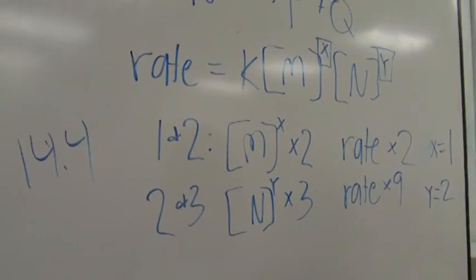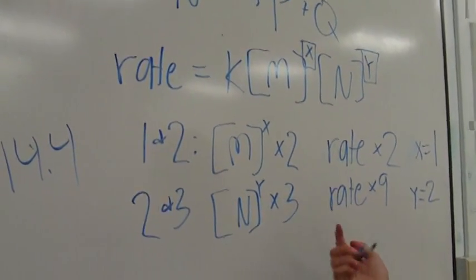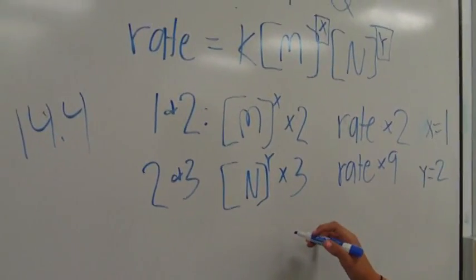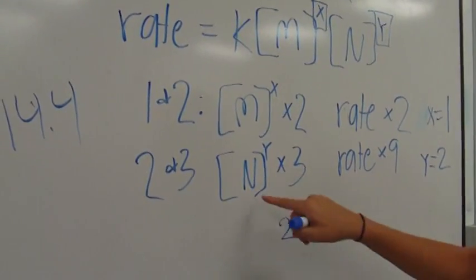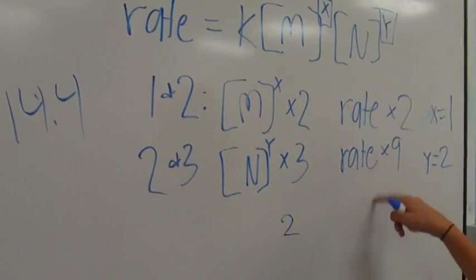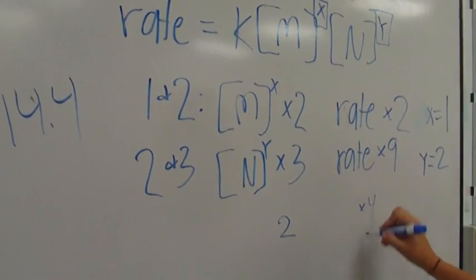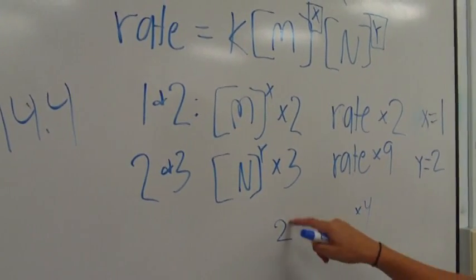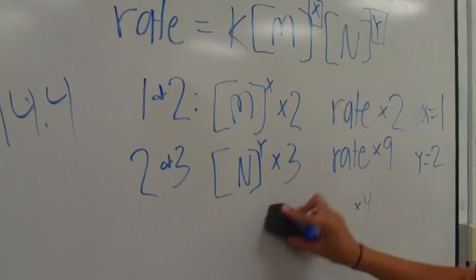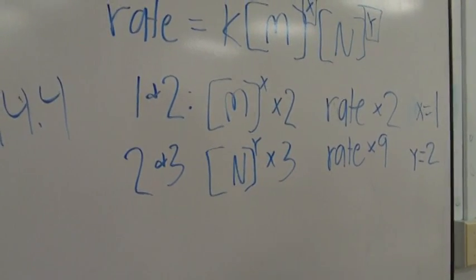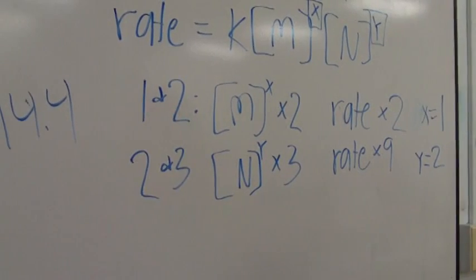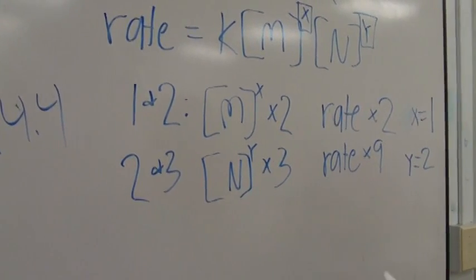If it were, for instance, a 2, if this had been doubled and then the rate had been multiplied by 4, it would have been 2 because 2 squared is 4. So you don't have to have that table memorized, but just in the beginning, before you get the hang of that, it's a good helper, I guess.